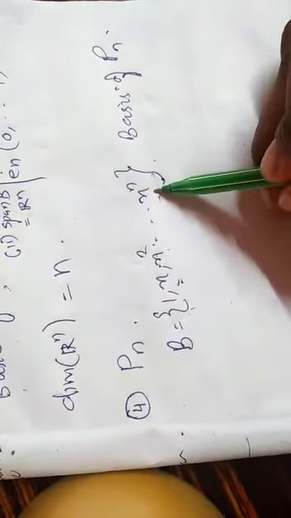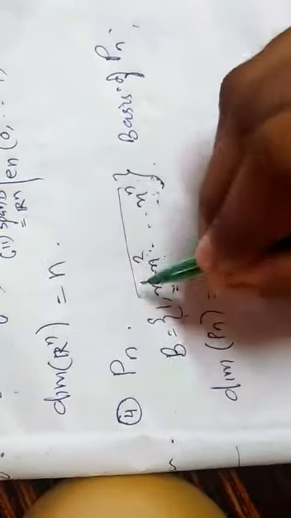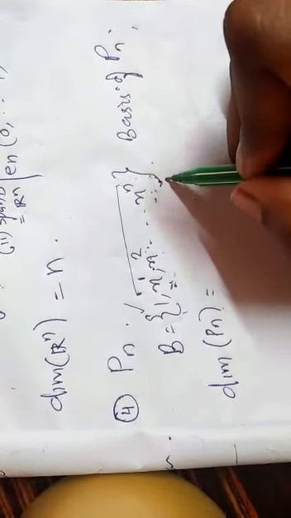So the dimension of Pn is the number of elements of the basis set. This set has x power 1, x power 2, etc. x power n, so n elements, and this is 1 element. So total elements are n plus 1. B has n plus 1 elements. So the dimension of Pn is n plus 1.